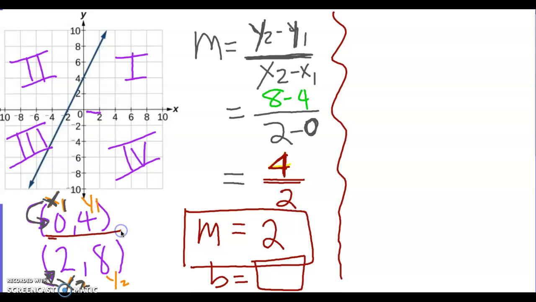I'm going to use one of my points that I've already identified, write down my slope-intercept formula, and I'm going to color code these. So I'm going to color code this first y value with blue, and then I'll use orange with the x value.